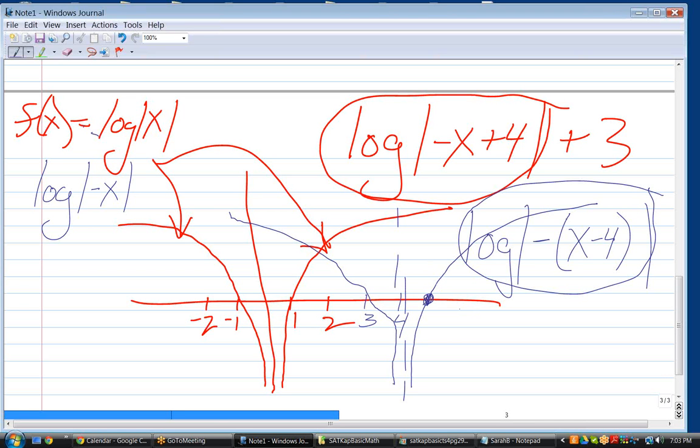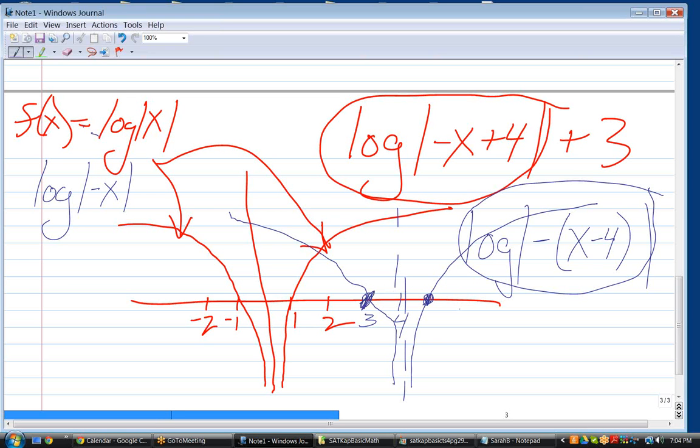So that would be correct. And if x were 3, now we have -1, so we're taking the log of 1 again, and we would be right there. Okay, so we've satisfied those points.